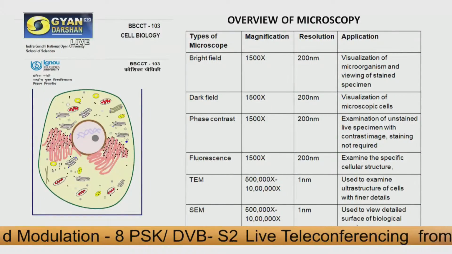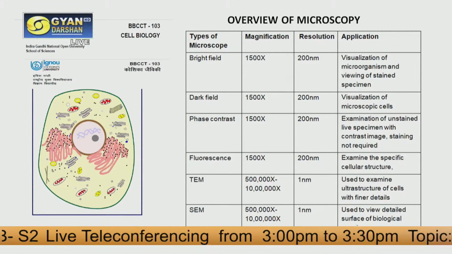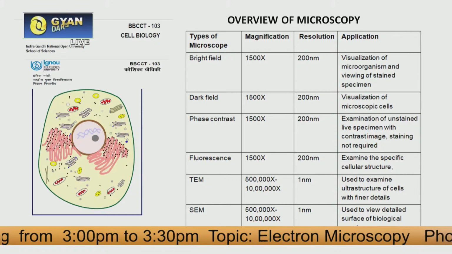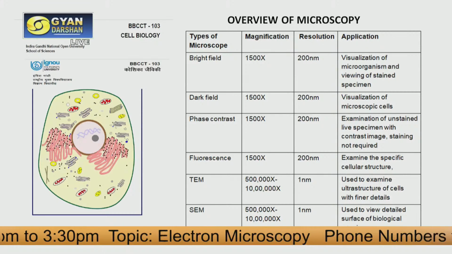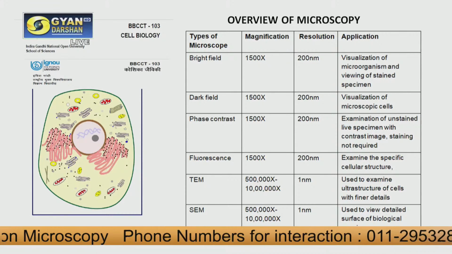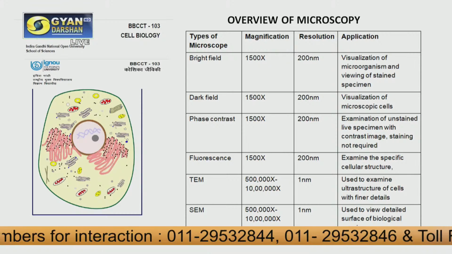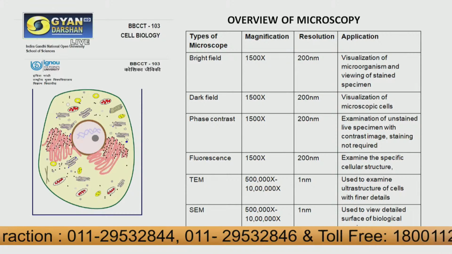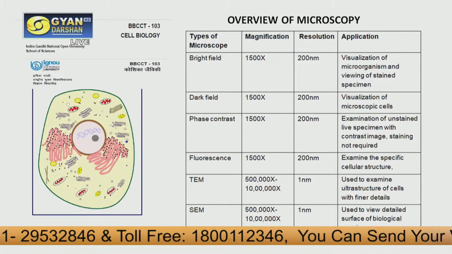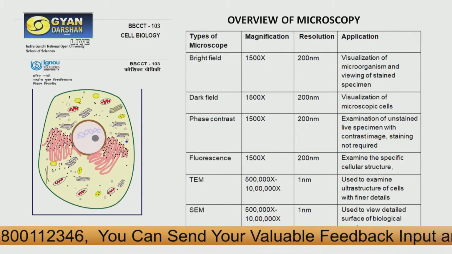Light microscopy has limitations, because it uses a light source. The resolving power and magnification of the light microscope are limited. This limitation led to the development of electron microscopy, because electron microscopy gives a very deep view of the internal structure of cells, viruses and bacteria.